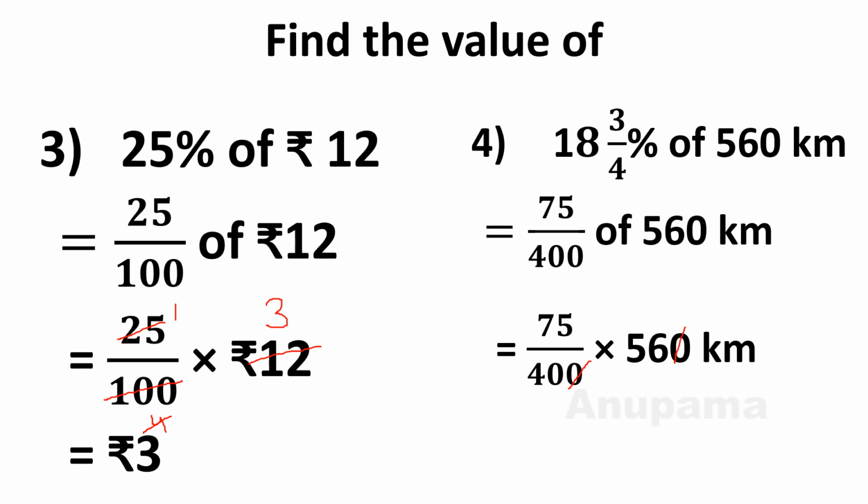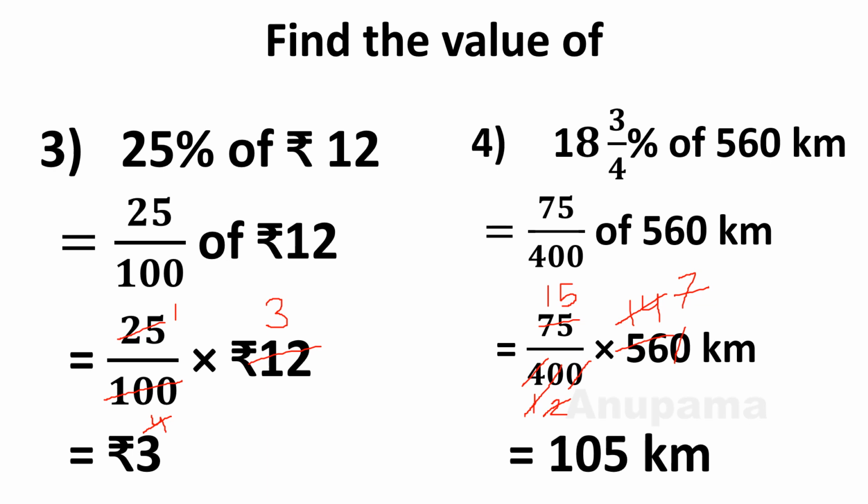Now here 4 ones are 4 and here 4 ones are 4. 4 fours are 16. Now by 5, 5 ones are 5, 5 fives are 25 and 5 twos are 10. Now 2 sevens are 14. So it is the way. Now what is 15 into 7? That is 105 kilometer.